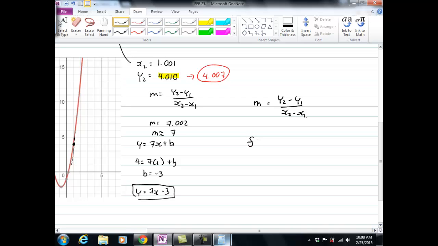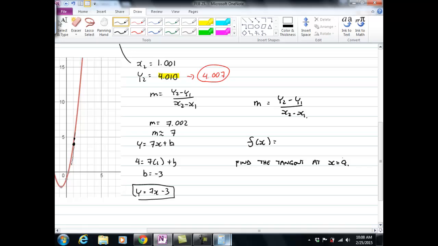I have a function, f of x. Okay. F of x can be anything. In this case, I asked you to find the tangent at x equals a. Okay. Very, very simple.